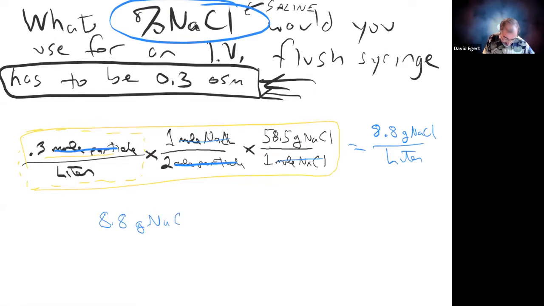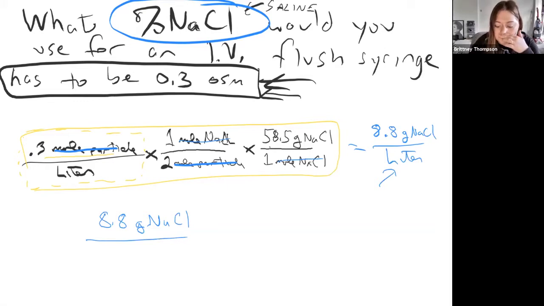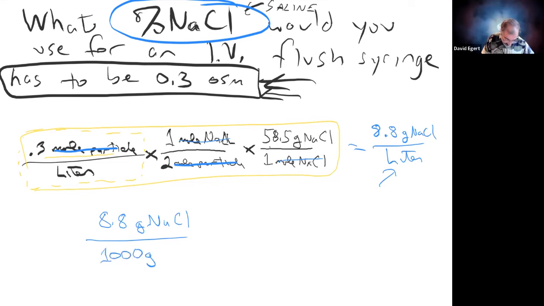So I have the grams of NaCl on top. How much does a liter weigh? So first we need the weight of a liter. It will be 1,000 grams, right? Exactly, because 1 mil is a gram. So a liter is just going to be 1,000 times that. So this is basically over 1,000 grams, because it's 1 gram per mil, and a liter is 1,000 mils.